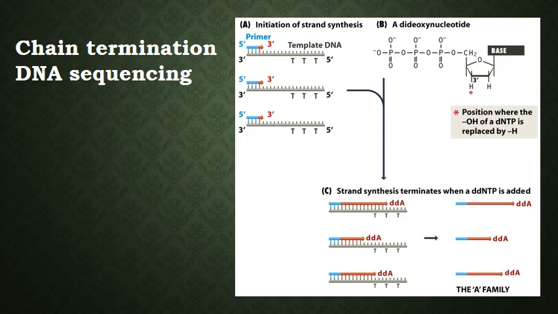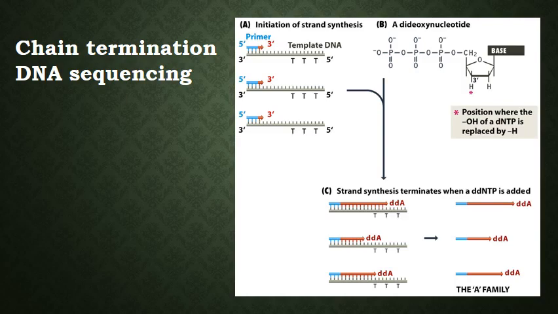This does not occur in a chain termination sequencing experiment because as well as the 4 deoxynucleotides, a small amount of each of 4 dideoxynucleotide triphosphates, ddATP, ddCTP, ddGTP and ddTTP, is added to the reaction. Each of these dideoxynucleotides is labeled with a different fluorescent marker.